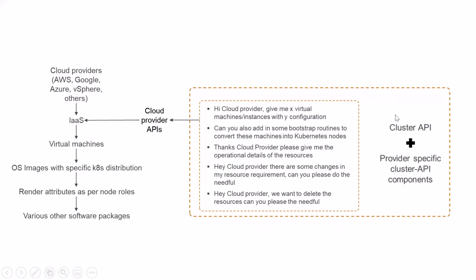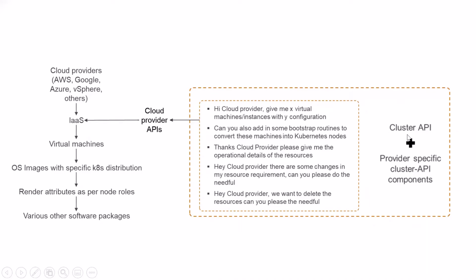How does it do so? It has a core set of components, plus every provider out there has created extensions. So the core components are the Cluster API, and then there are the provider specific Cluster API components.